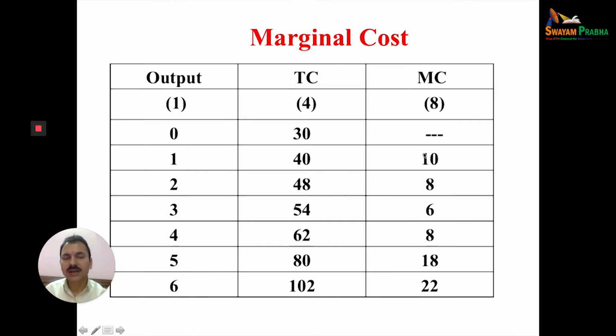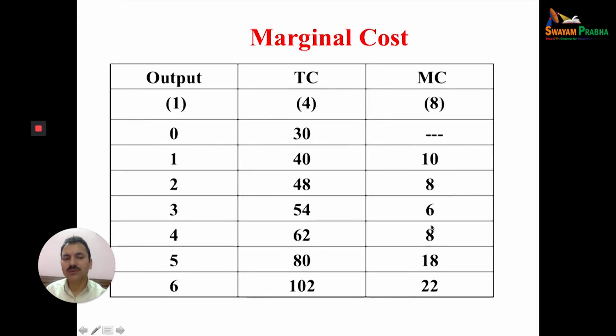Now see, in the initial stages the marginal cost may be very high, then it starts decreasing, and after reaching the minimum point, it will start increasing again. When you produce the 4th unit, the total cost is 64, and 64 minus 54 is 10. Then the 5th unit, 80 minus 62, is 18.